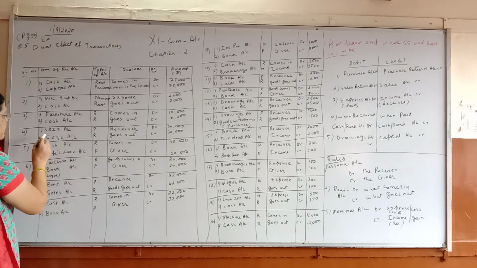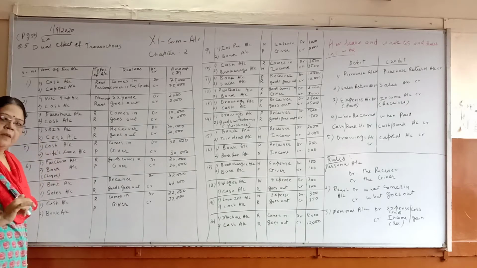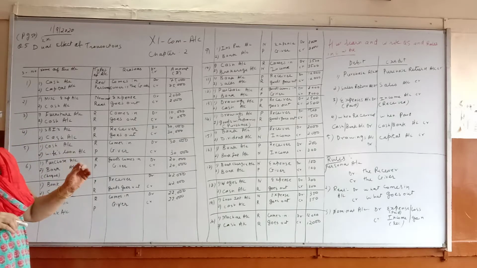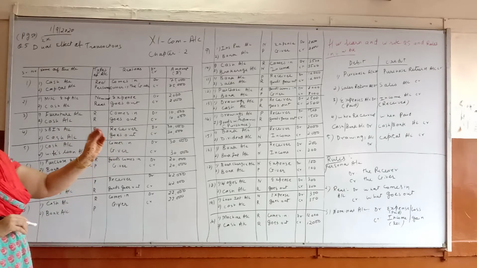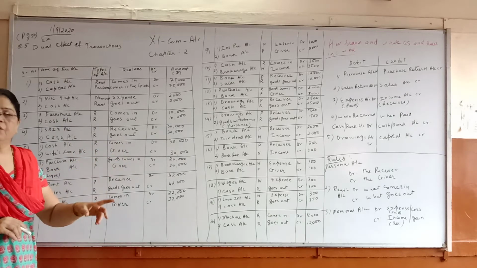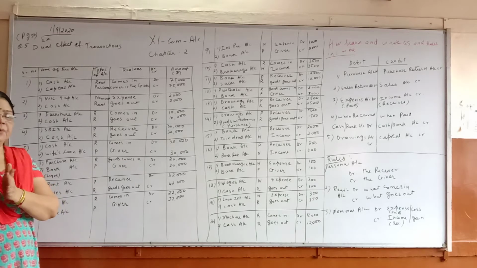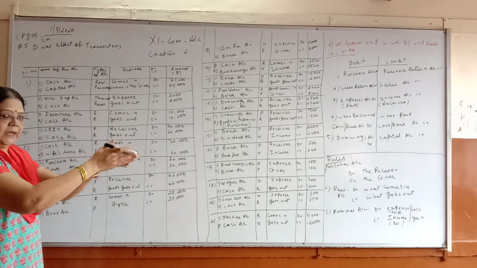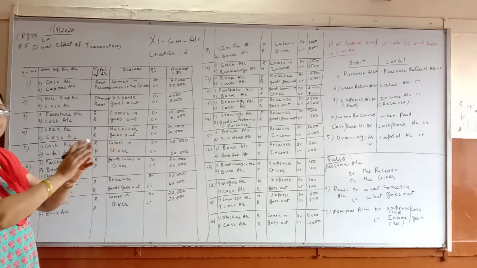So children, you are depositing in State Bank of India. When you want to go and deposit cash of rupees 30,000 in the State Bank of India, what are you doing? You will carry 30,000 with you and give it to the bank. You will deposit in the bank.